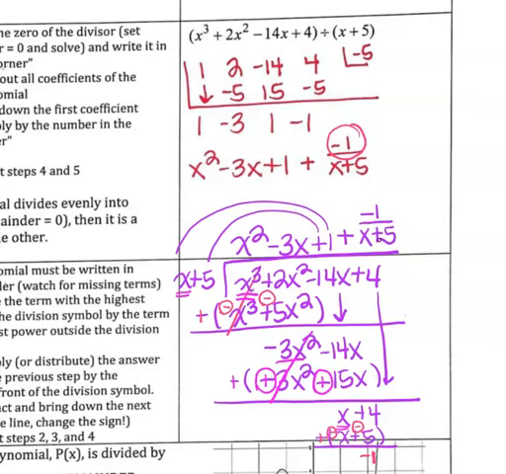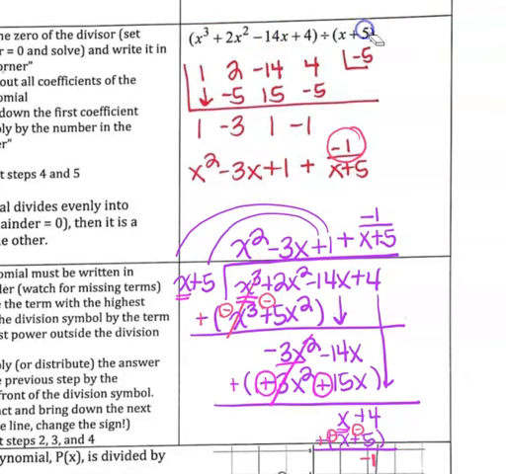Now, if I were to truly do this division that you guys are seeing, a cubic polynomial divided by a linear with a leading coefficient of 1, I would probably just jump in and do synthetic division, okay? However, long division is always an option. You would have to use long division if this was, let's say, an x squared plus 5, or a 2x plus 5.